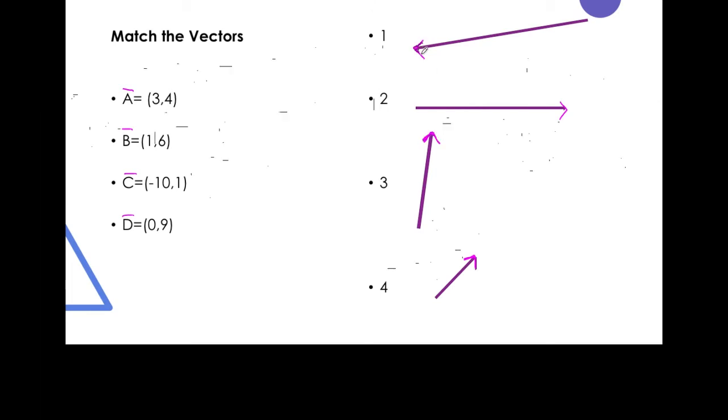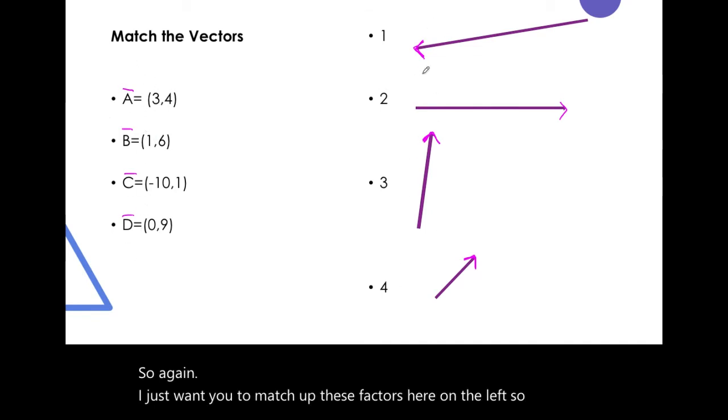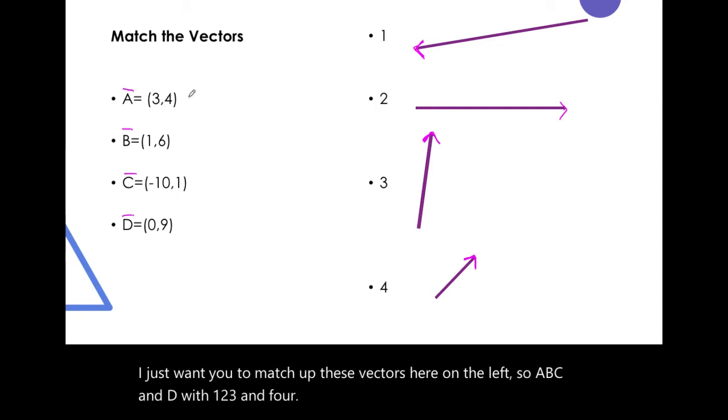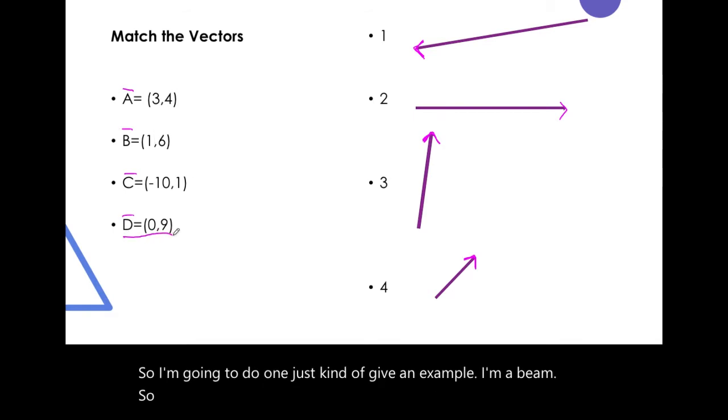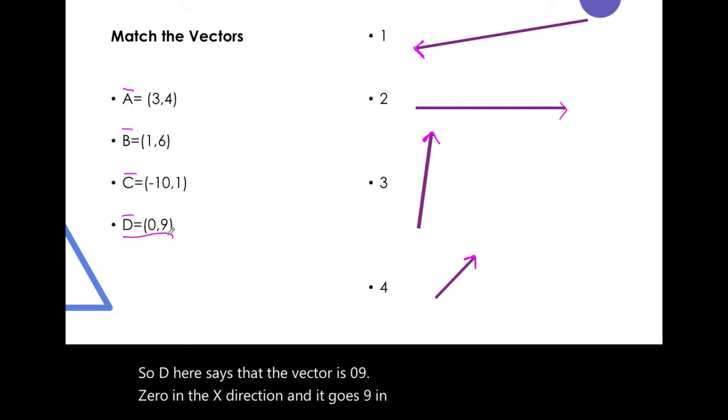Again, I just want you to match up these vectors on the left, A, B, C, and D, with 1, 2, 3, and 4. I'm going to do one to give an example. I'll do D. The D vector is 0, 9. So 0 in the x direction, and it goes 9 in the y direction.